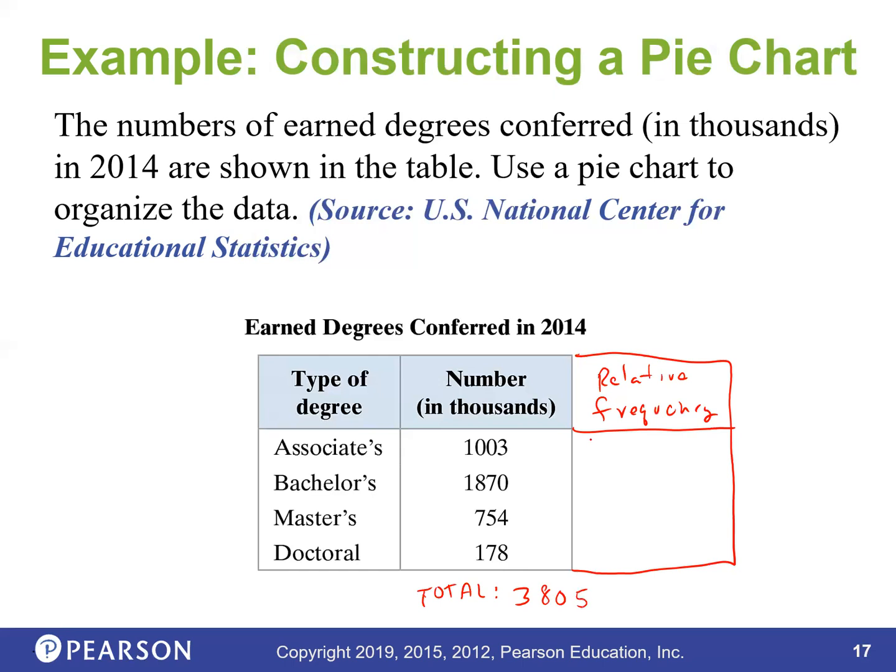Here we're going to take 1,003 divided by 3,805. To the nearest, it's going to be decimals, right?